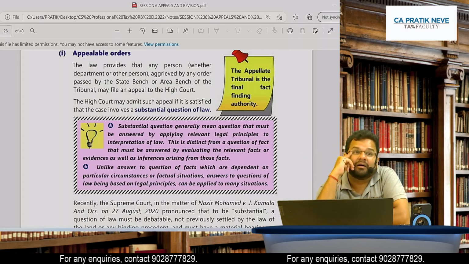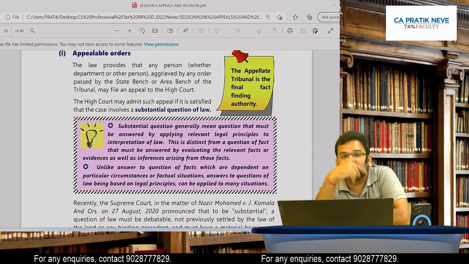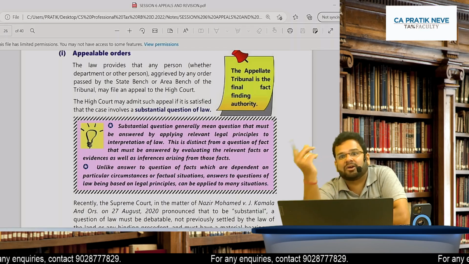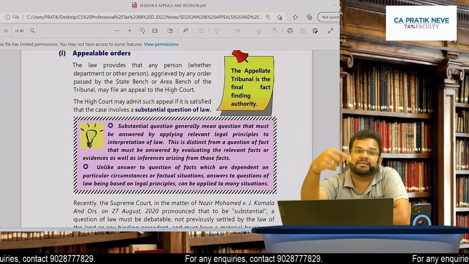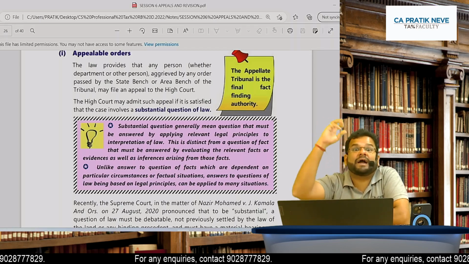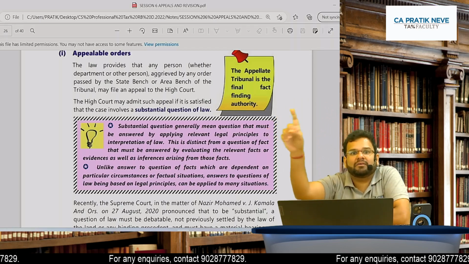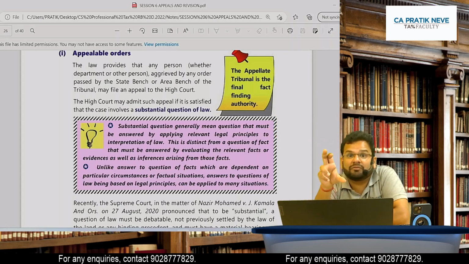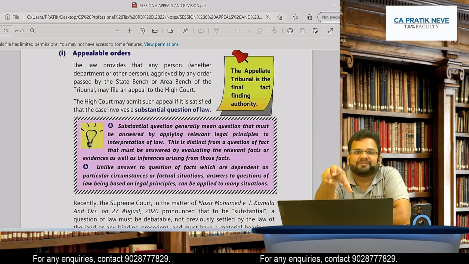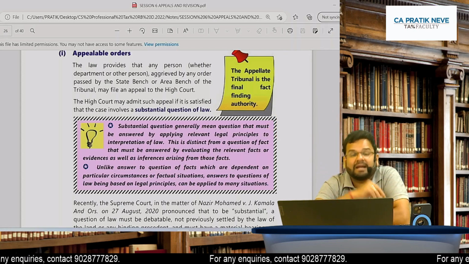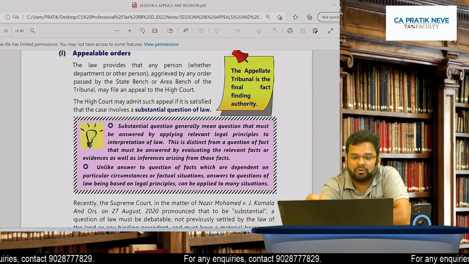The assessee says he has got the goods, but the department's stand is that the goods were not received. Whether the assessee actually had the goods on the basis of documents is fact finding, and the final authority for that is the appellate tribunal. But if there is ambiguity in the interpretation of something in the law, yes, that question can go to the High Court.